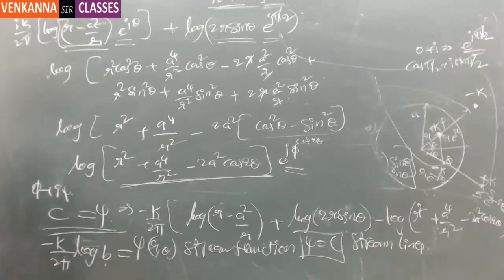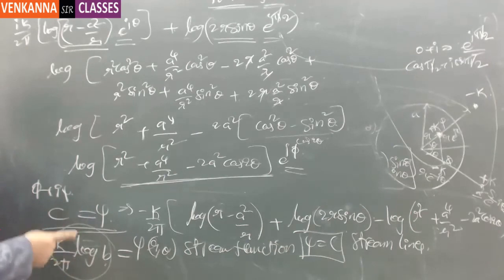So this is how I take it, because k is a constant, phi is a constant, b is a constant. I can select my own constant, as I explained in the previous class. You have the flexibility to select anything, an arbitrary constant, inside log b or outside of log also. The constant number may be different, but it is a random constant.